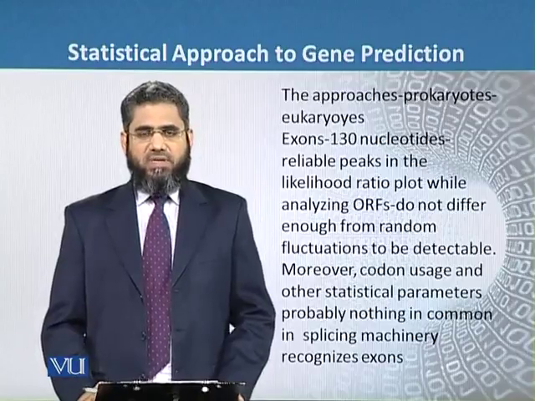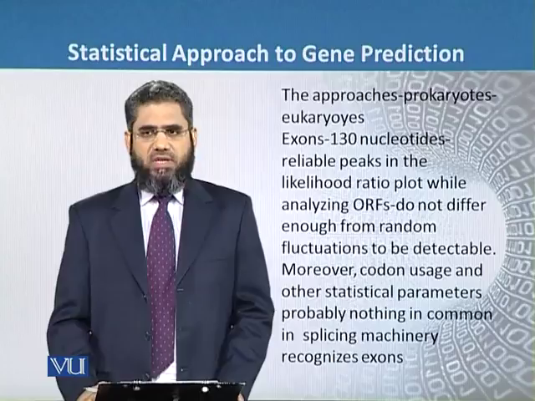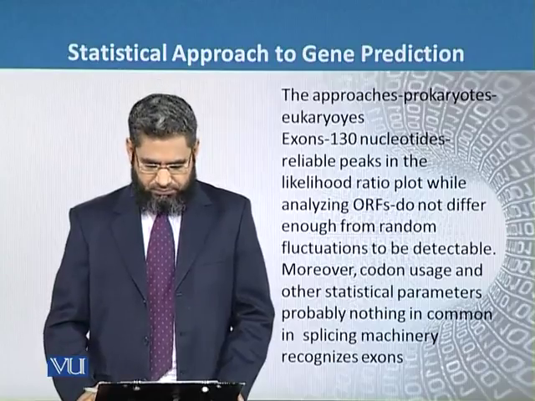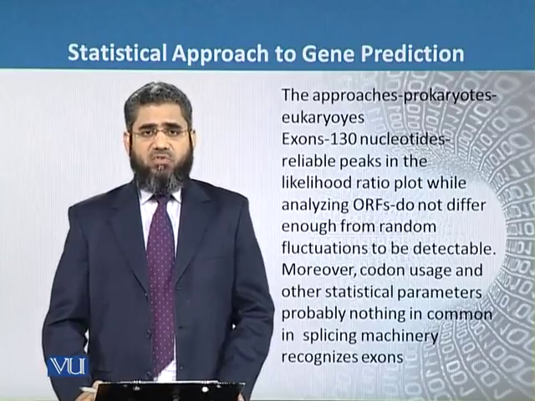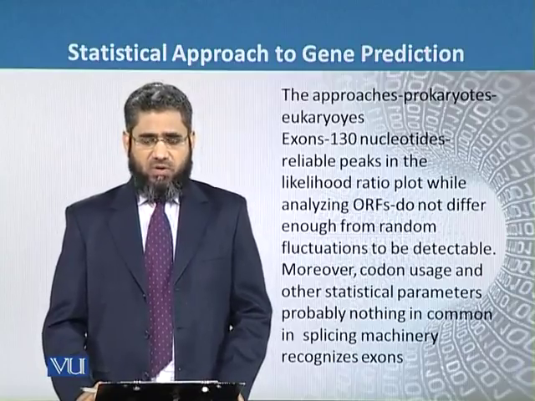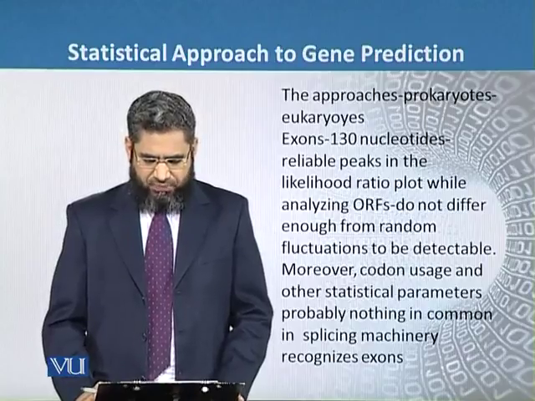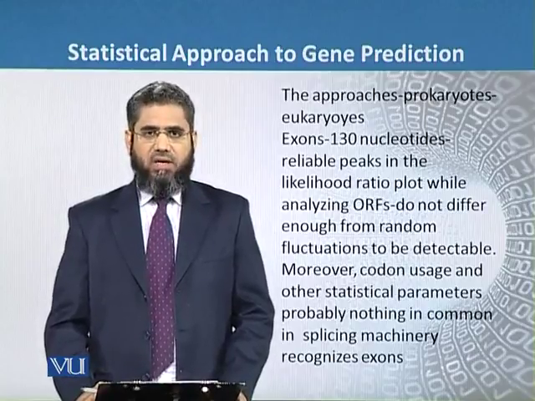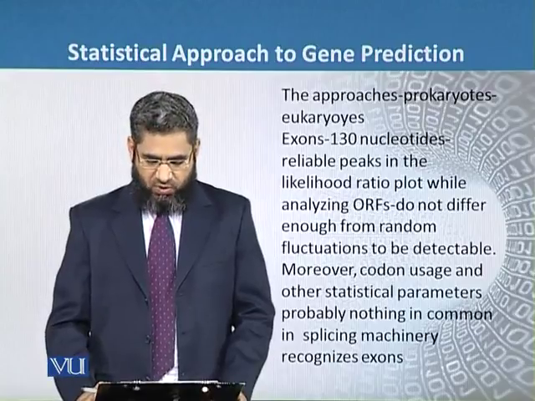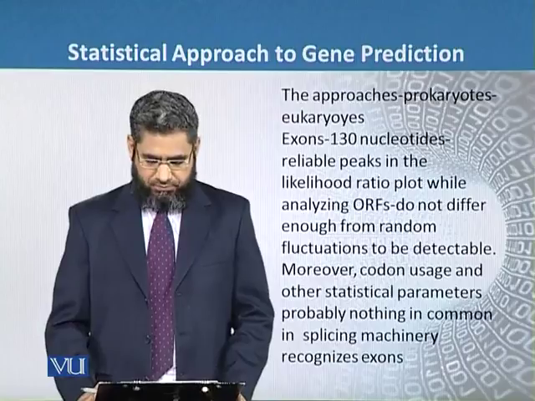And in vertebrates, the average size of the exon is approximately 130 nucleotides. This exon size is too small to be considered, because these small exons do not have reliable peaks in the likelihood ratio plots while we are examining the open reading frame.